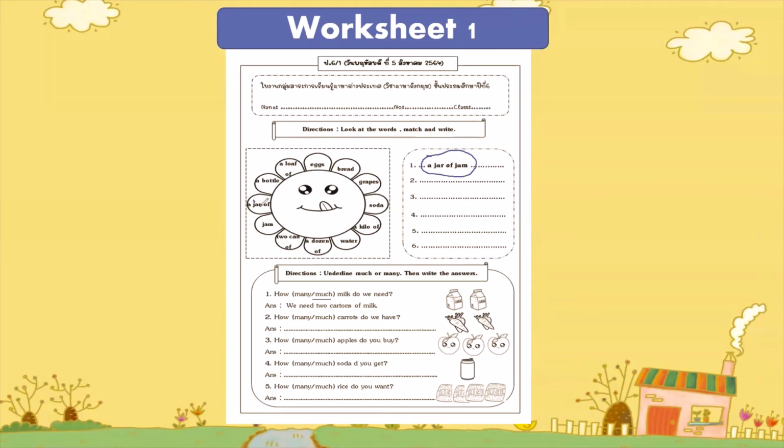Here, a jar of jam. So we already gave you an example for number 1. You need to connect the quantity and the product. This is 1 to 6 items. Next part, underline much or many, then write the answers. Okay.